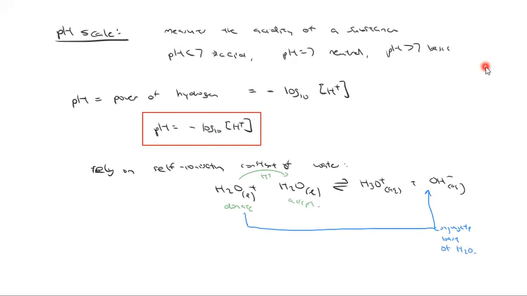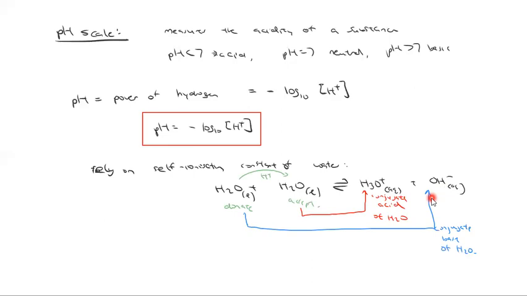This will accept it, and this is the conjugate acid. Okay, so that means this double arrow, as you probably know, means that it's in equilibrium, and we can calculate an equilibrium constant for it, based on what we did last week.